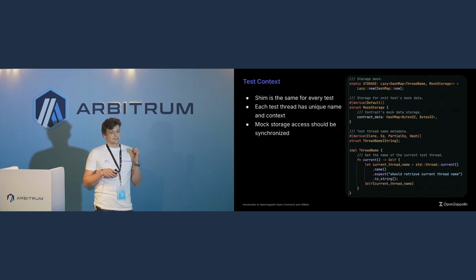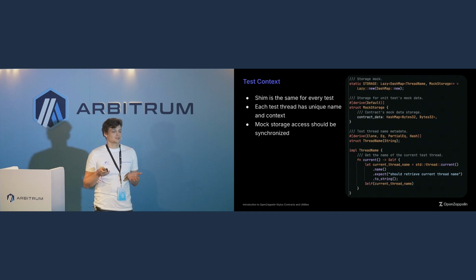In our case, in Rust, the good thing is that every test case runs in a separate thread, and it has a unique thread name that matches the full name of the test case: module name and function name.